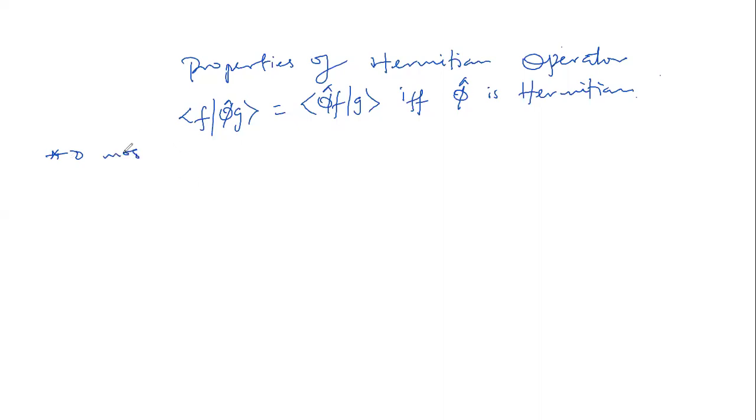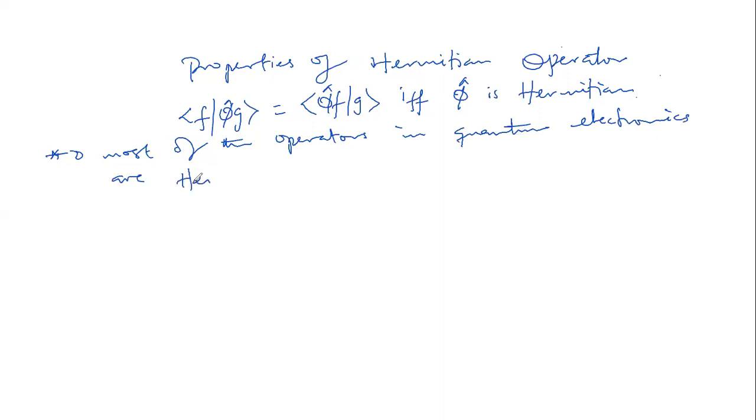That is, most of the operators in quantum electronics are Hermitian. So what are the properties of this Hermitian operator? The first is that they always have real eigenvalues, okay?